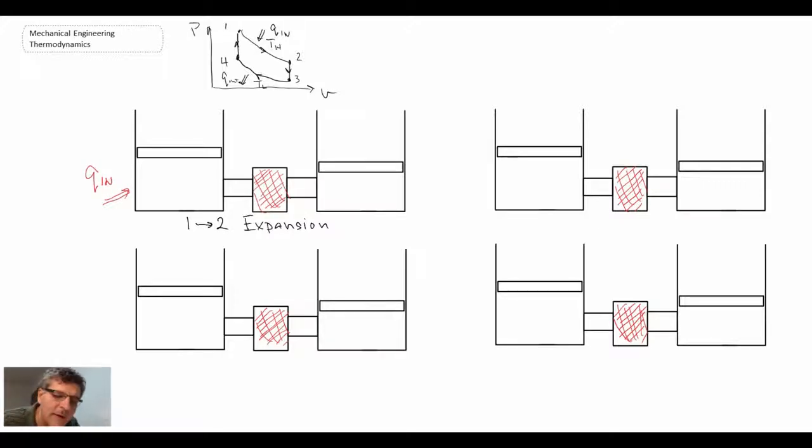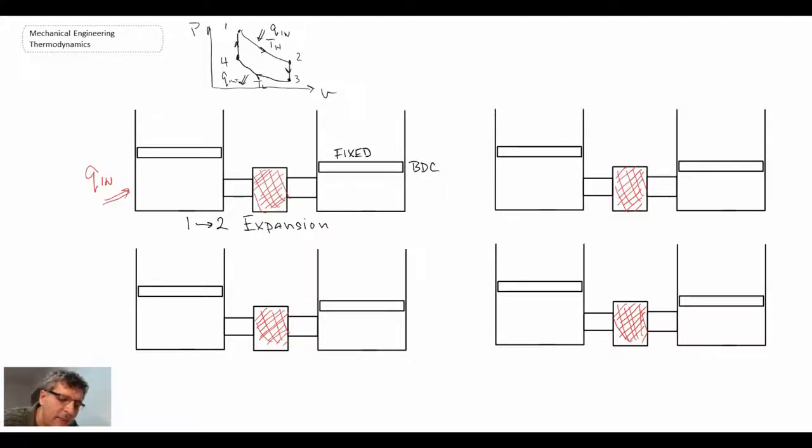And the other thing that is happening with our cold cylinder, this is fixed during this process, and it is fixed pretty much at bottom dead center. So it's at the lowest point that it can go. We're putting heat into the hot cylinder. We know that when you put heat into a cylinder, it is going to expand the gas.